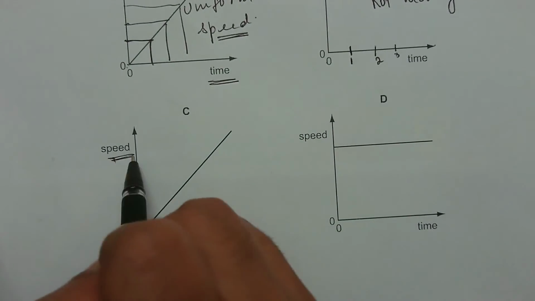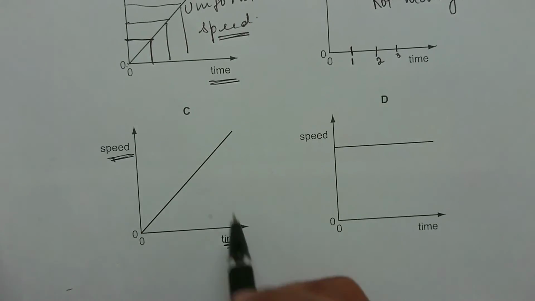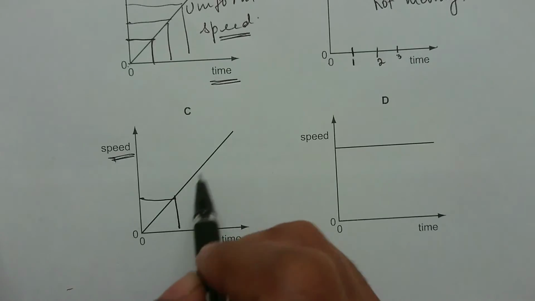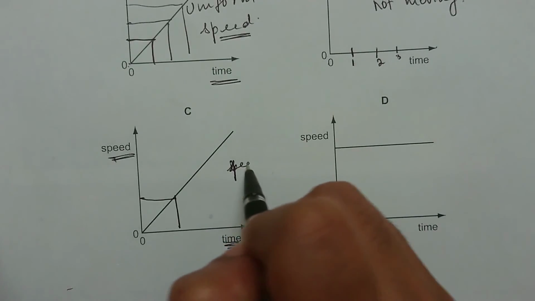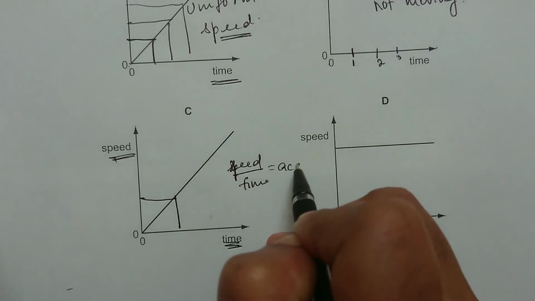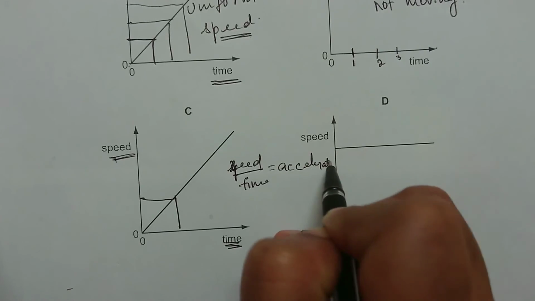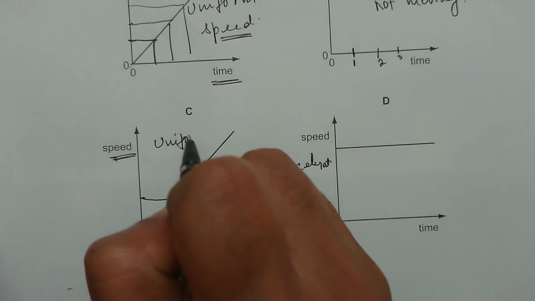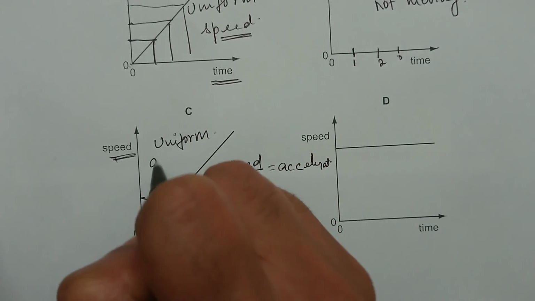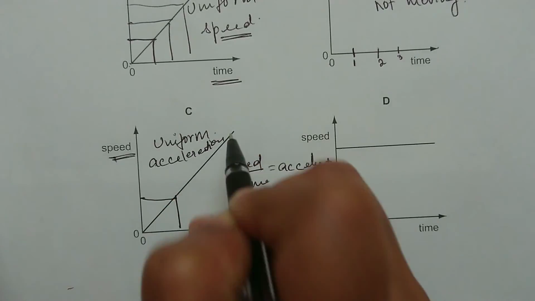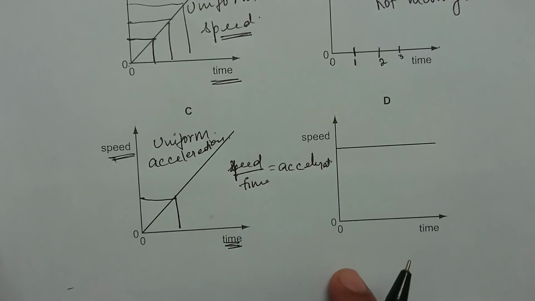This is the speed time graph. So if you consider the slope of this, that is speed over time, which is acceleration. Acceleration means this graph is representing the object which is moving with the uniform acceleration. Uniform acceleration. Correct?